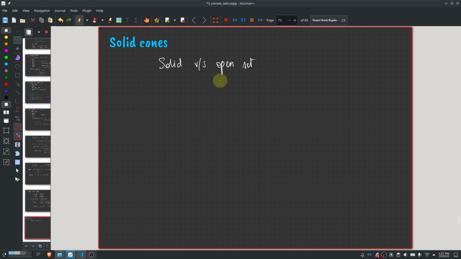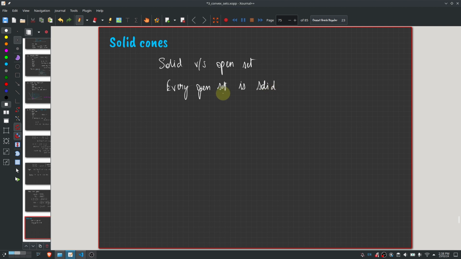Every open set is solid. Why is that the case? By definition, an open set should contain a ball. In fact, for every point in the open set, I should be able to construct a ball of some radius epsilon around it, which is fully contained in the set. So every open set is solid.